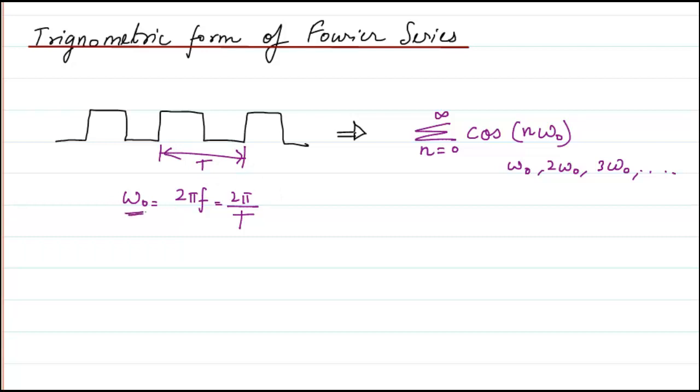Then with that omega naught and multiples of that frequency, if you add multiple cosine waveforms and multiple sine waveforms of harmonics of omega naught, and then finally add a DC signal, then you will be able to get this signal back.